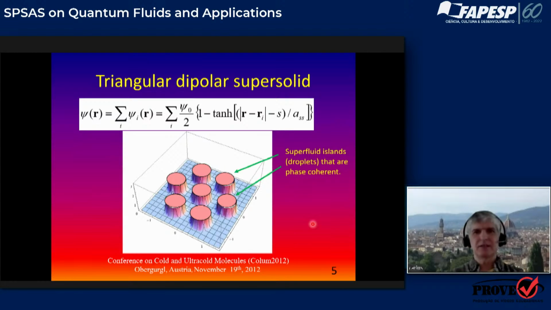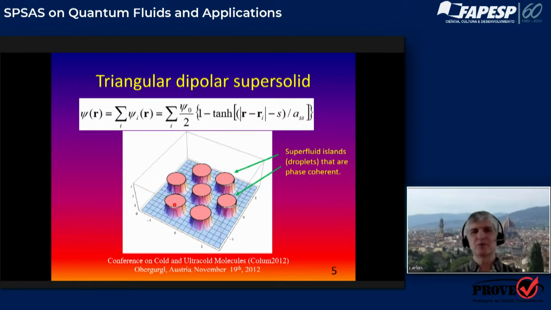So those will be the things. And the most important one is going to be a supersolid. Basically the idea is that you can have a triangular dipolar supersolid in 2 dimensions if you have dipole-dipole interactions. Those systems would form some superfluid droplets with a roughly flat top in density, and these droplets will be more or less phase coherent.